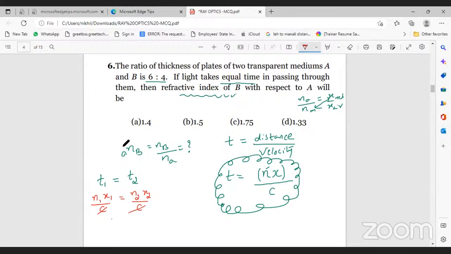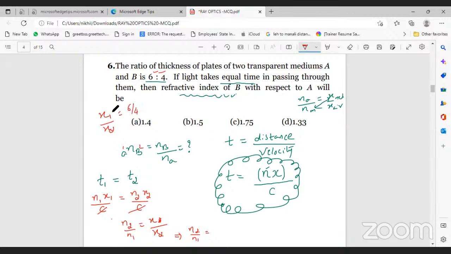First case is 1, this is 2. So what is N2 by N1 from this equation? x1 by x2. So what is x2 by x1? So the ratio they have given, right? Yes, sir. x1 by x2 is 6 by 4, sir.